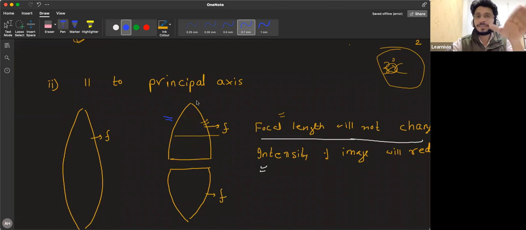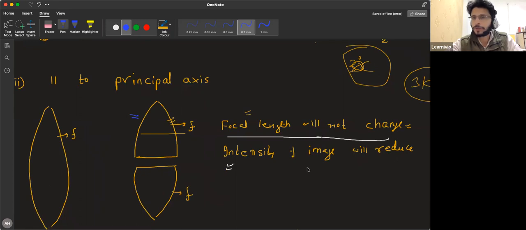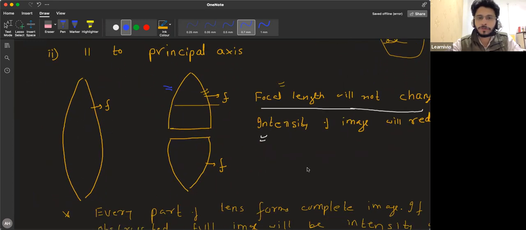That will decrease the brightness of the image. The brightness of the image depends upon the amount of light entering your lens. So the intensity of the image will reduce by half exactly, but the focal length will not change.